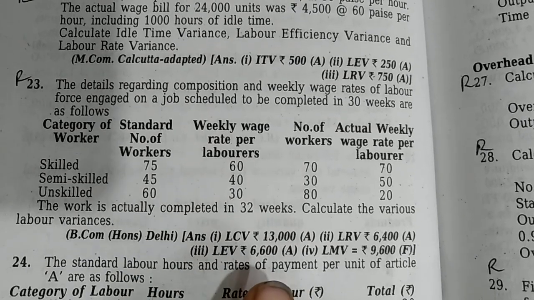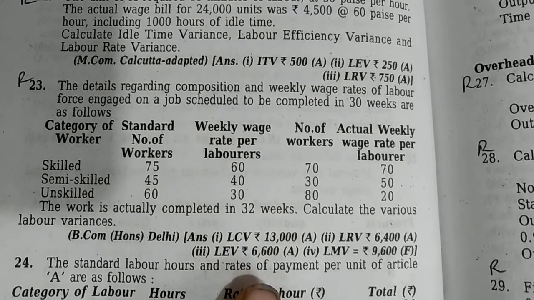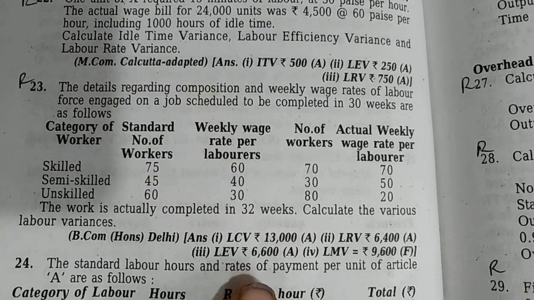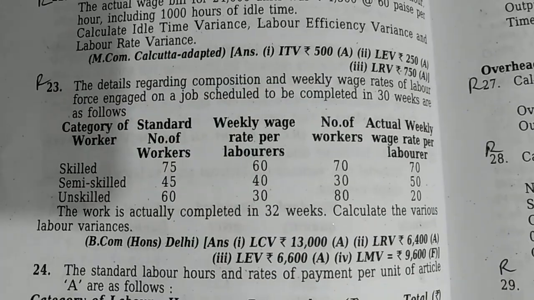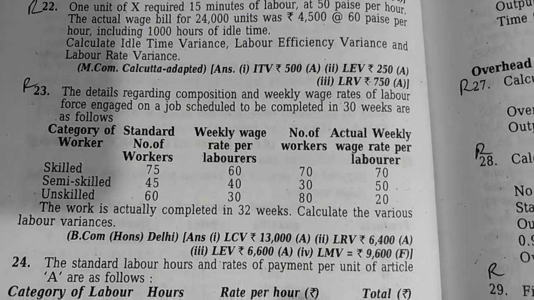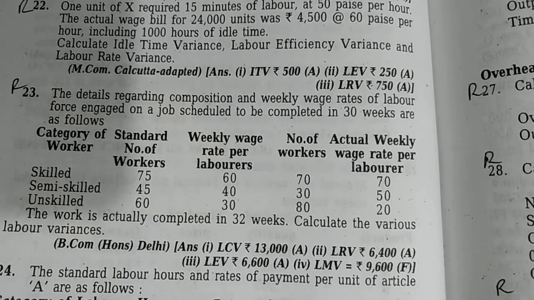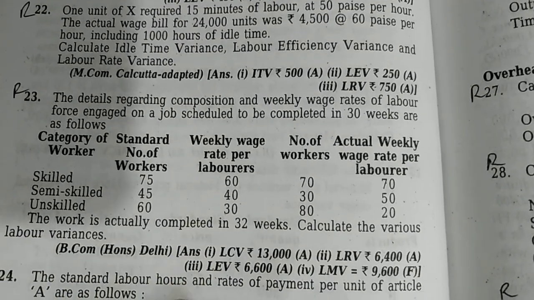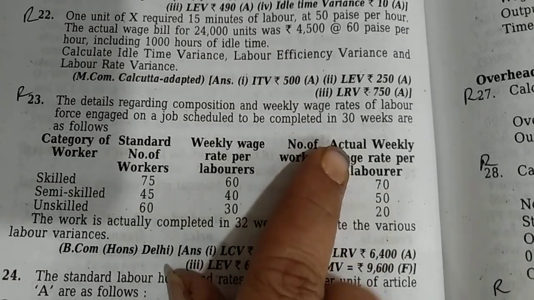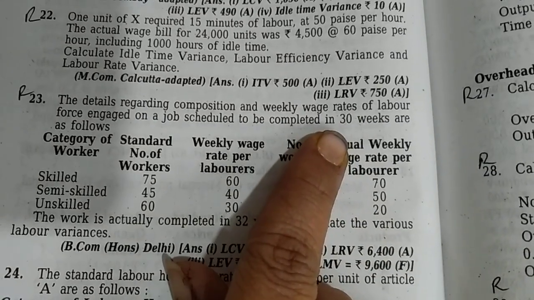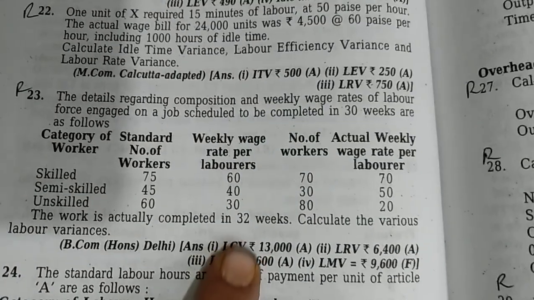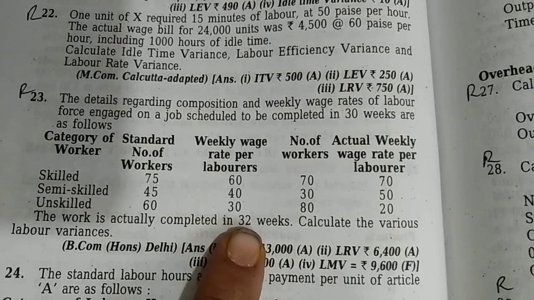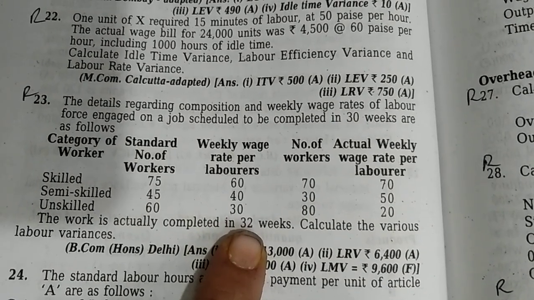The actual number of workers is 70, 30, 80, and the actual weekly rate is 70, 50 and 20. The work was actually completed in 32 weeks. We decided on 30 weeks as per standard, but actually it was completed in 32 weeks. So he is asking to calculate the labor variances.